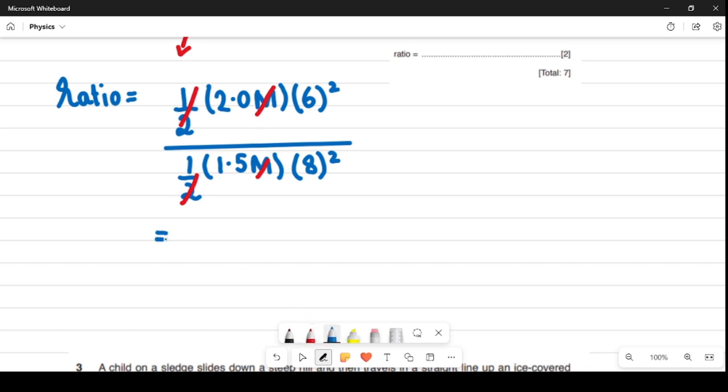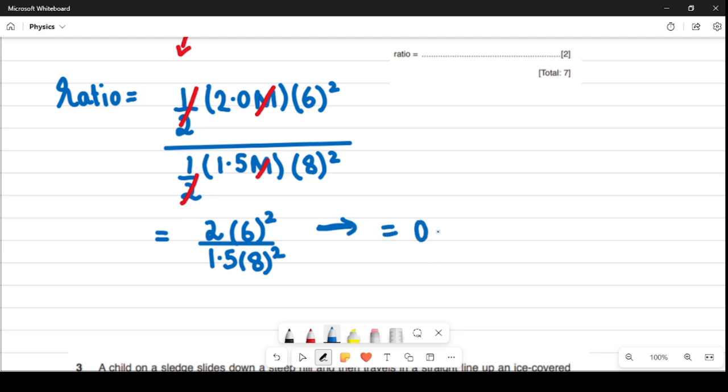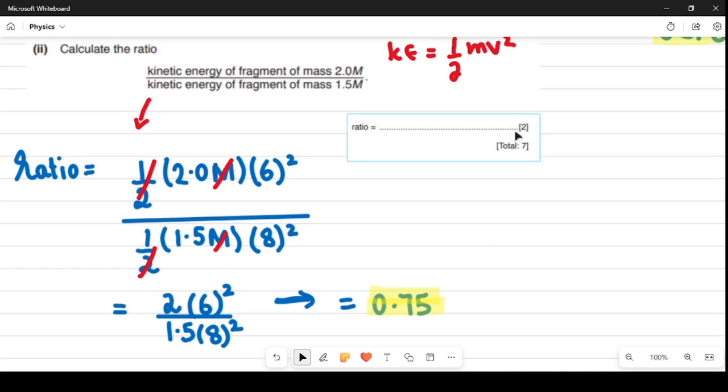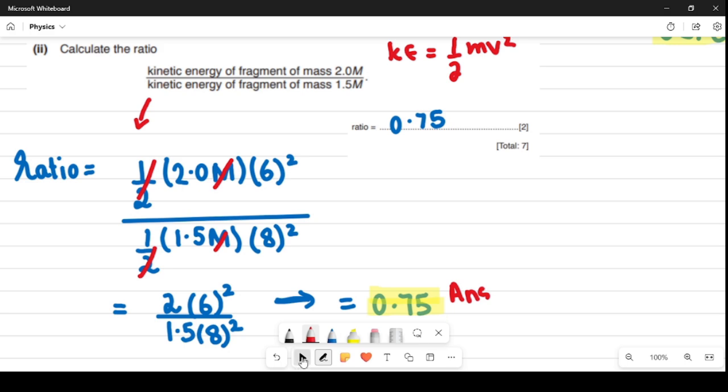What we're left with is 2 multiplied by 6 square divided by 1.5 multiplied by 8 square. Right. And then on further solving it is equals to 0.75. Ratios do not have any units. Don't get confused. Don't worry. A ratio will never have a unit and you can check. There is no unit. So your answer is 0.75 and that is right. Let's move on.